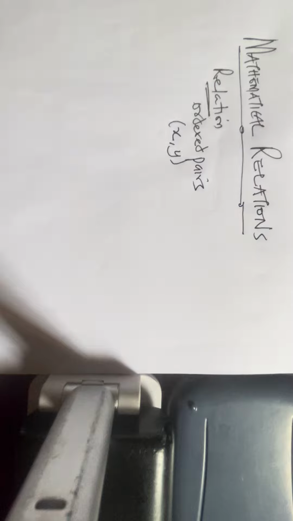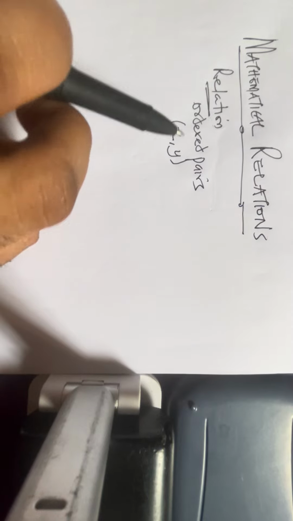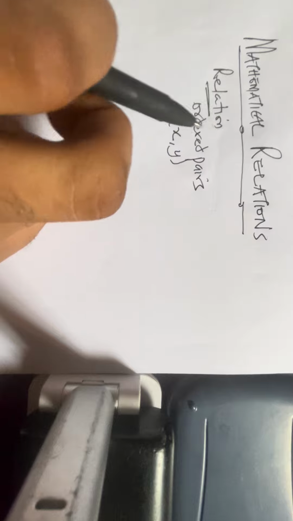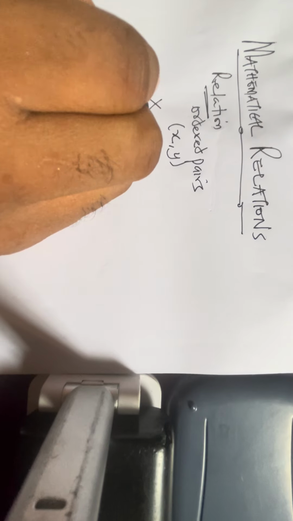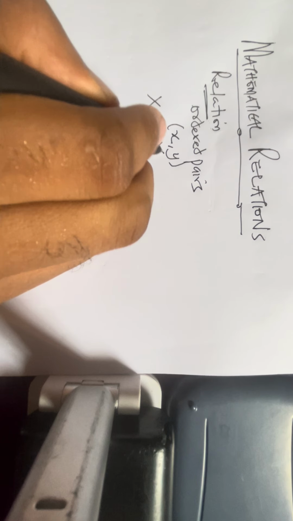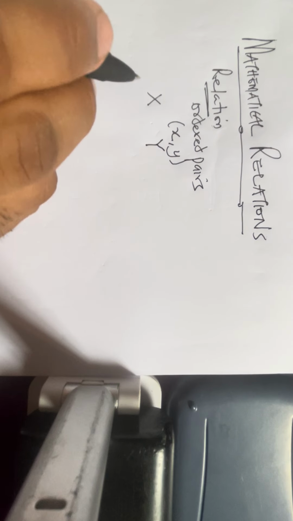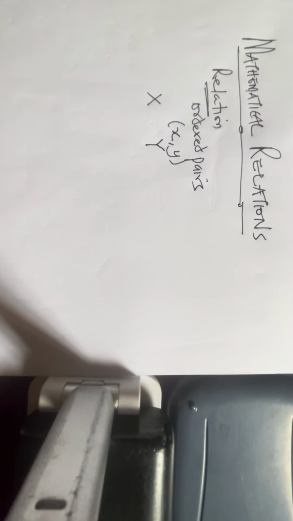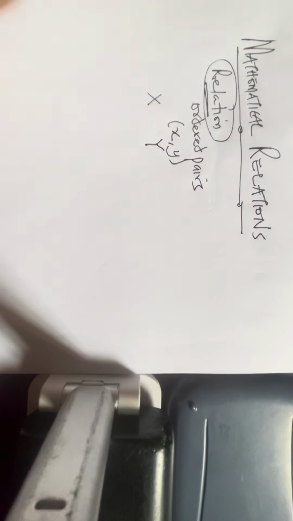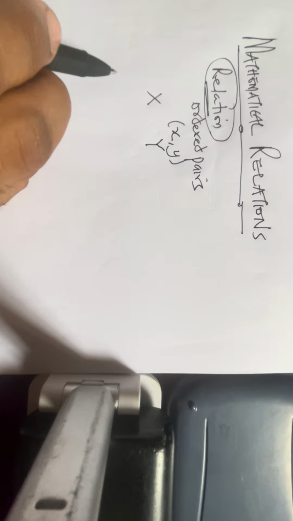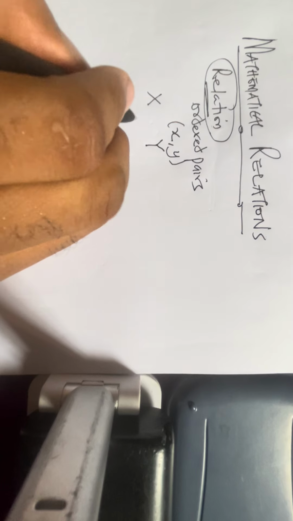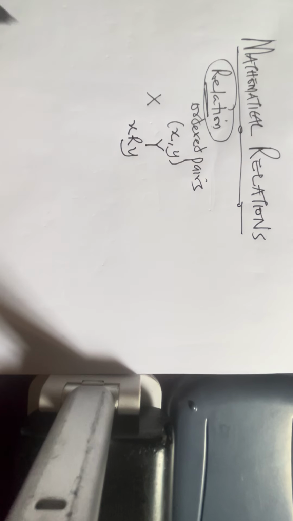So when we have a set of ordered pairs in which elements of the general set X are assigned to elements of the set Y by a well-defined criteria, then we call that a relation.